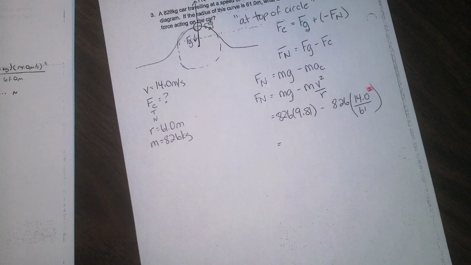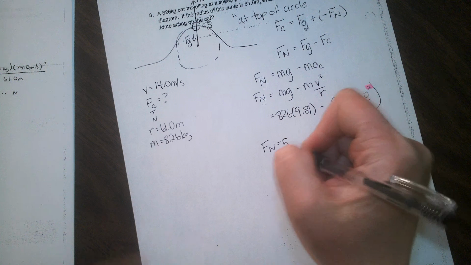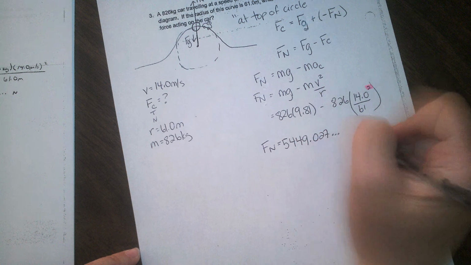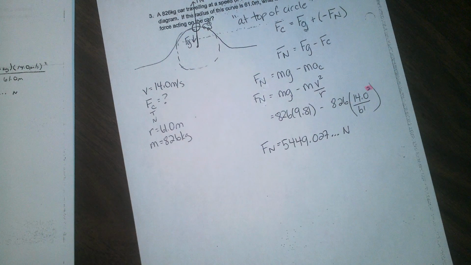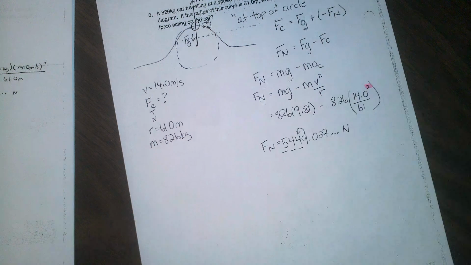Hang on. So force normal you said is what, Daniel? Newtons. Princess, how many significant digits am I looking at? 3. 1, 2, 3. The 9's going to have an influence on the 4.